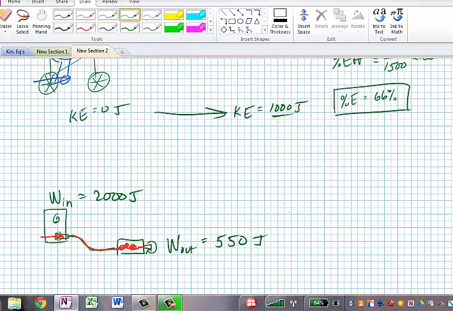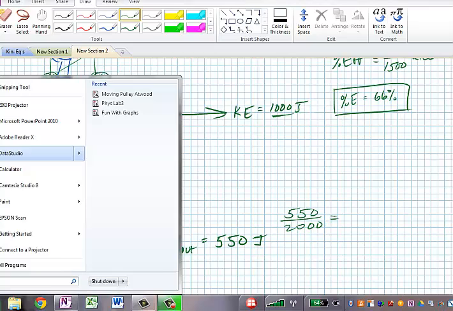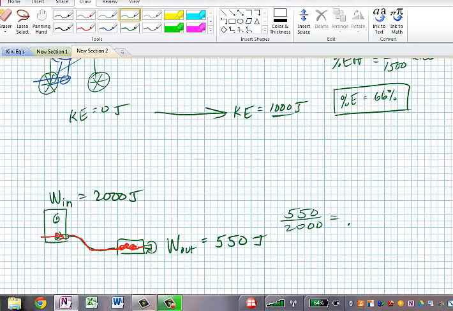Well, we do the same thing. We put the work output, 550, divided by the input, 2,000. It's going to be 0.225 times 100 to turn it into a percent. So 22.5%, I believe.